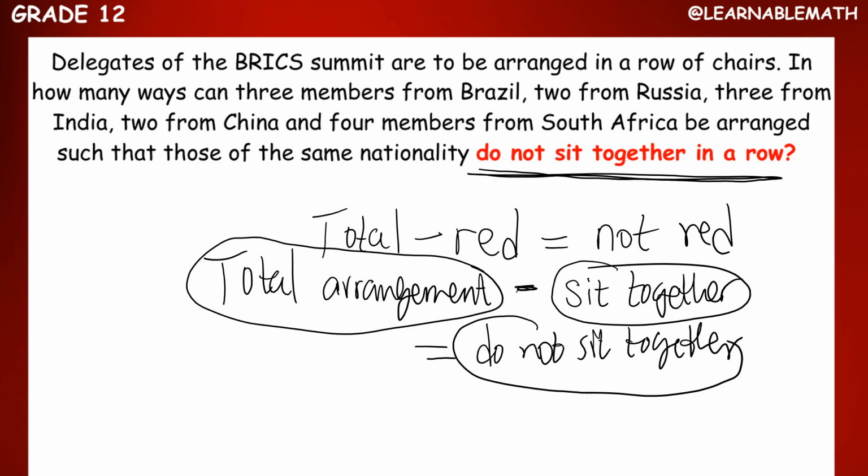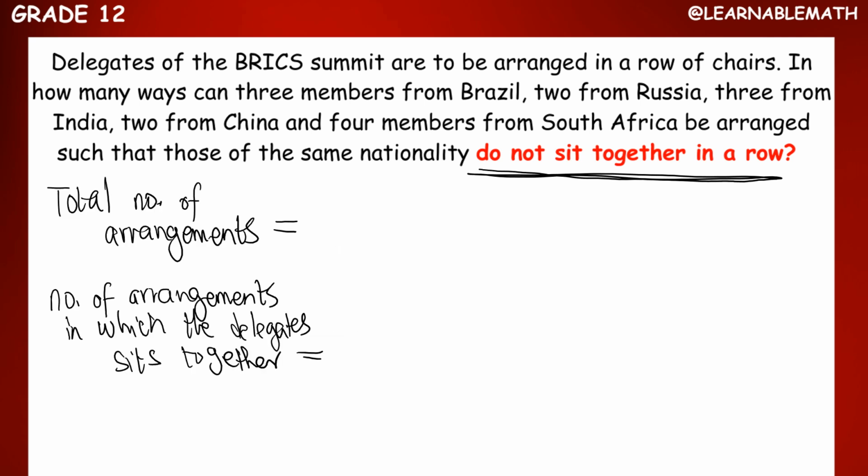Okay, let's go and count. All right, we're gonna start by counting the total number of arrangements. In order to count the total number of different arrangements, in this case we are arranging different people, so we must know the total number of people that are to be arranged.